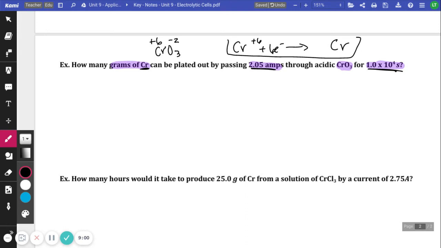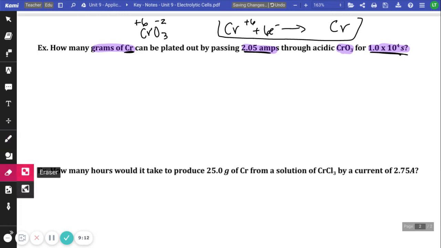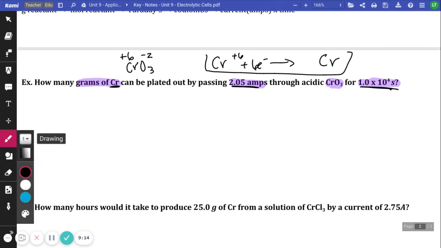This 2.05 amps is going to be one of our conversion factors, and remember that amps is basically coulombs per second.